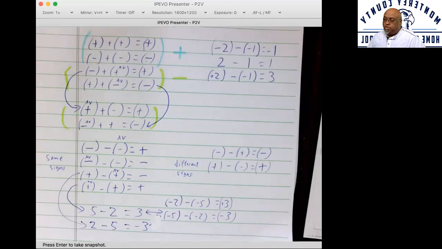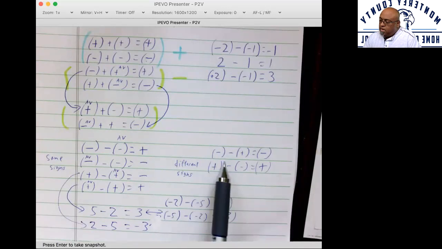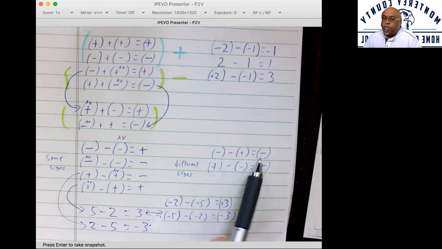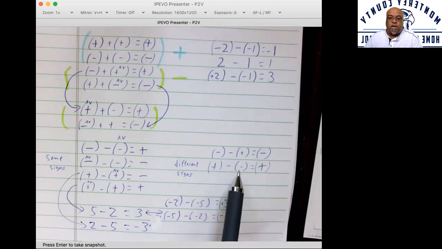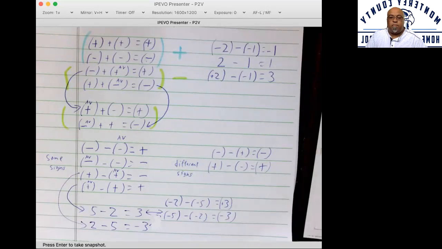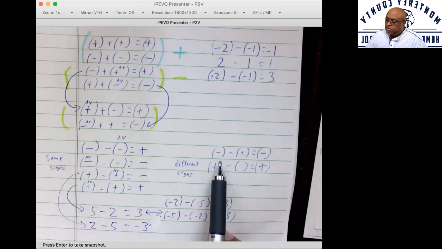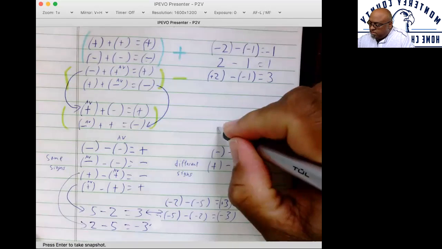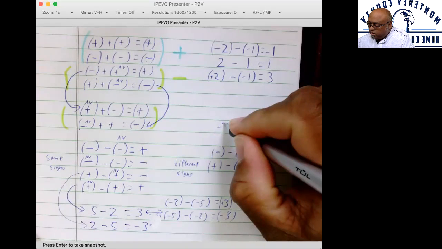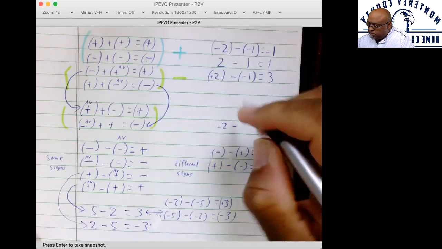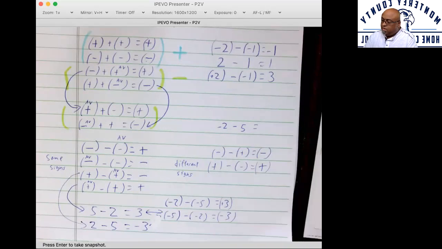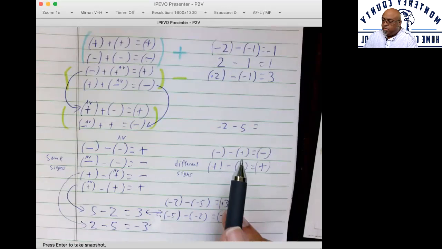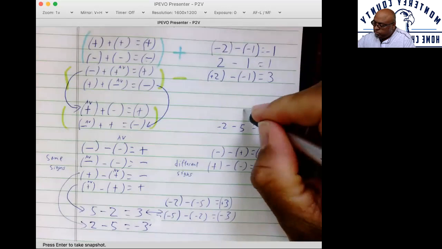Now let's go to if the signs are different. A negative minus a positive is always going to be negative, and a positive minus a negative is always going to be positive. Okay? Well, what does that mean? Let's say I have negative 2 minus positive 5. A number line would probably be good for this one.